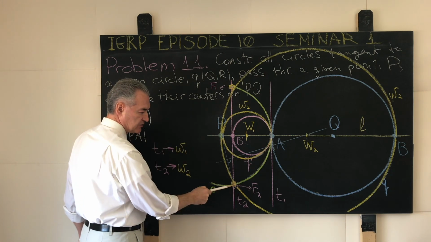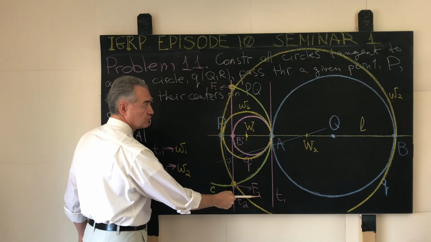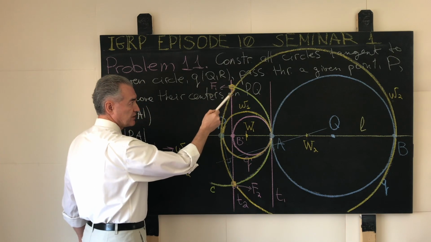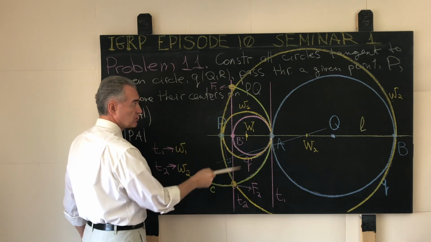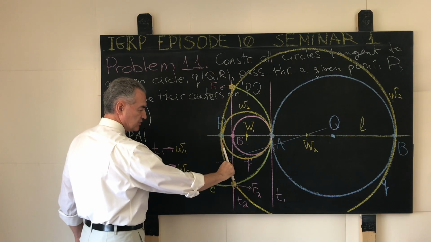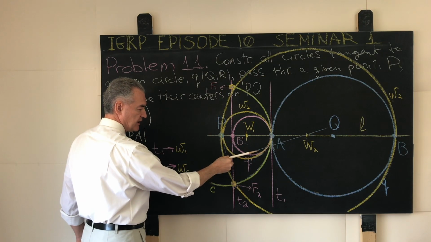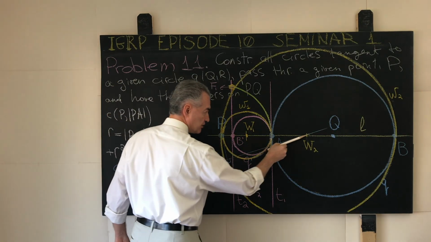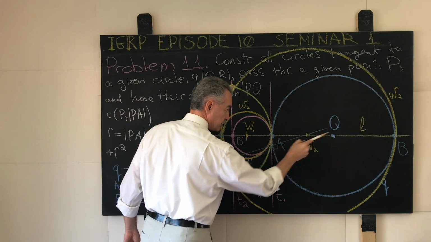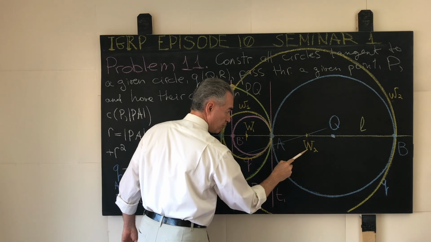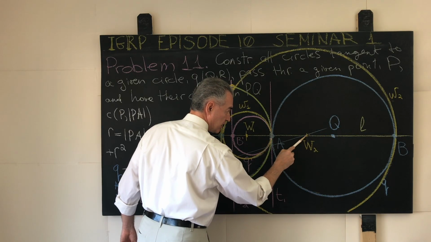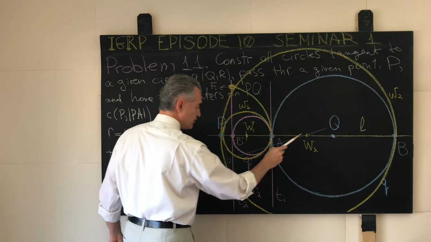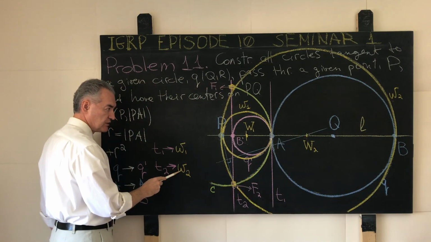That one point could be, for example, F2, or the point F1. It doesn't matter which one we pick. I pick the lower one because there is less material here. We take that line segment, we snap it in half. We construct a perpendicular bisector of that straight line, and that perpendicular bisector will intersect the straight line L precisely at the point uppercase W2, and that point is the center of the second solution circle W2.